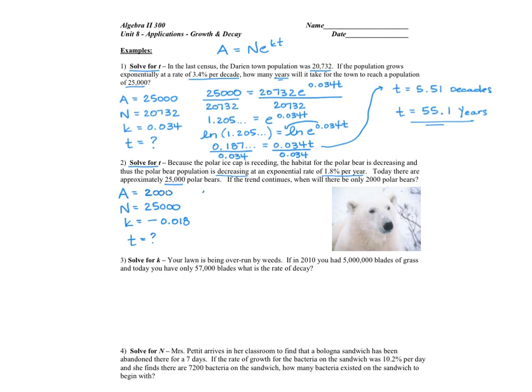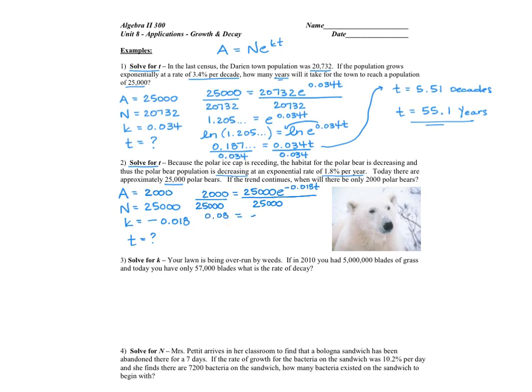So again, we'll start plugging in what we know. So 2,000 equals 25,000 e to the negative 0.018t. Divide both sides by 25,000 to get the exponential part of the equation by itself. And on the left-hand side, I'll have 0.08.